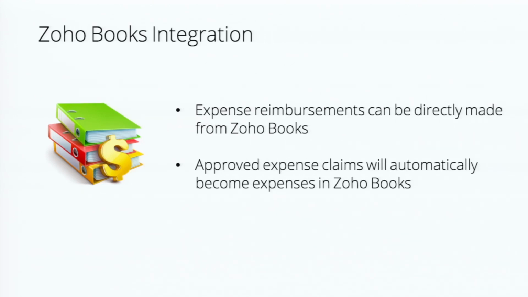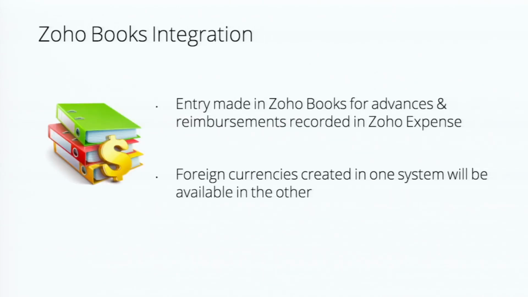And the reimbursement can be directly made from Zoho Books. So there are a ton of these integrations between the systems, and foreign currencies, for example, created in one system, will be available in the other. Because it is built on the Zoho Books platform, you see seamless information flow between the systems.